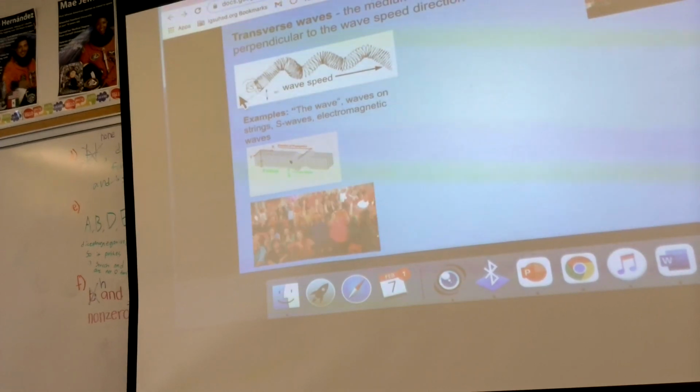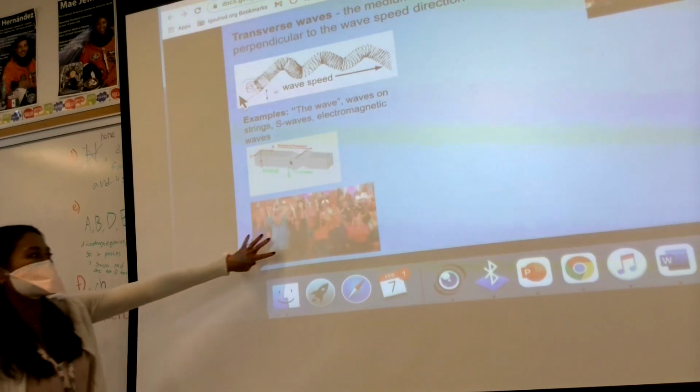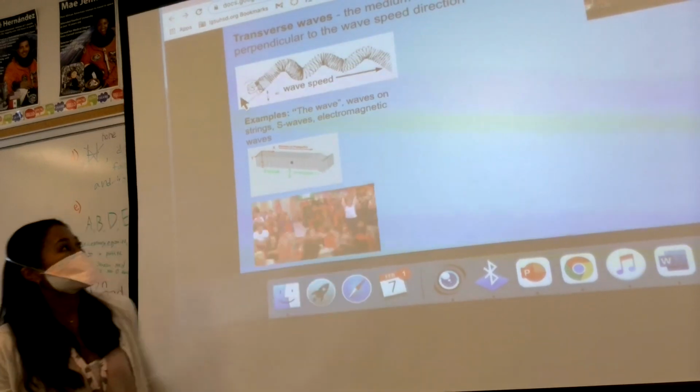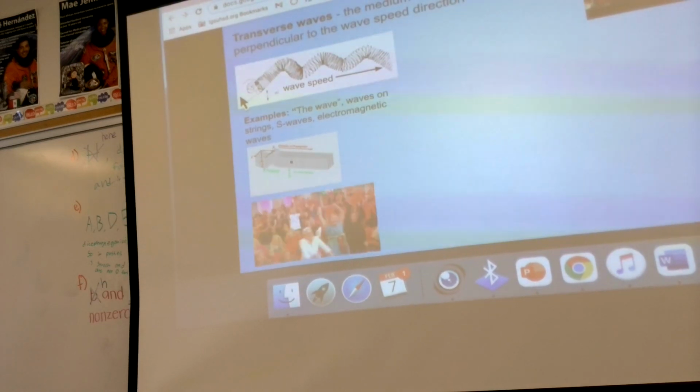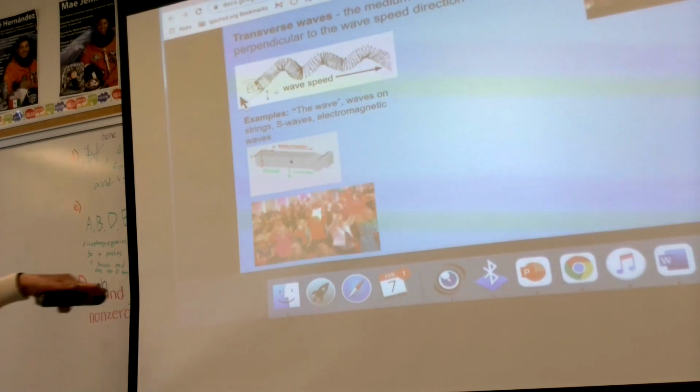The wave continues to travel around the stadium, but each individual person is just a ripple. It's just one vibration. So there's no matter actually moving here. So this is my example of transverse waves. They are perpendicular, up and down motion of the people while the wave travels left and right.